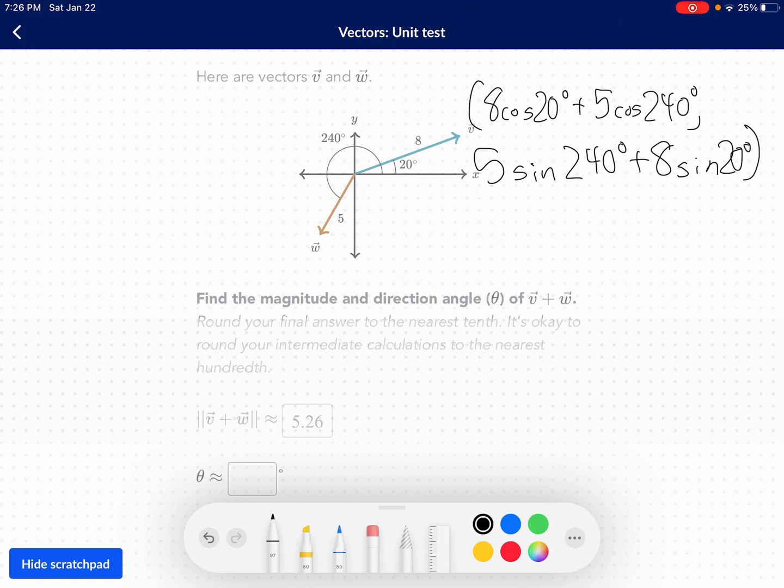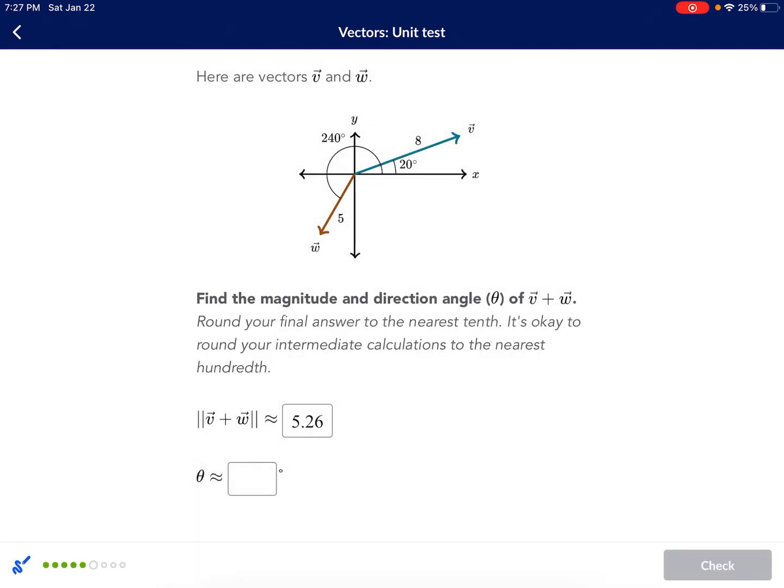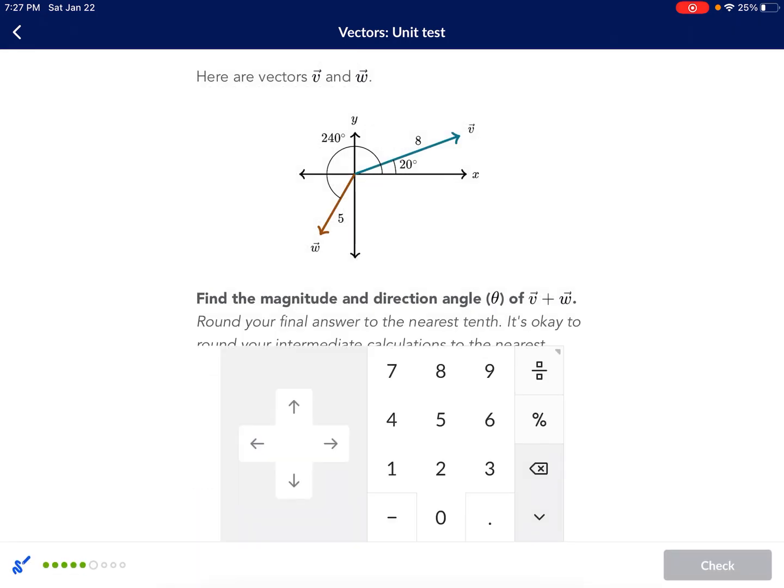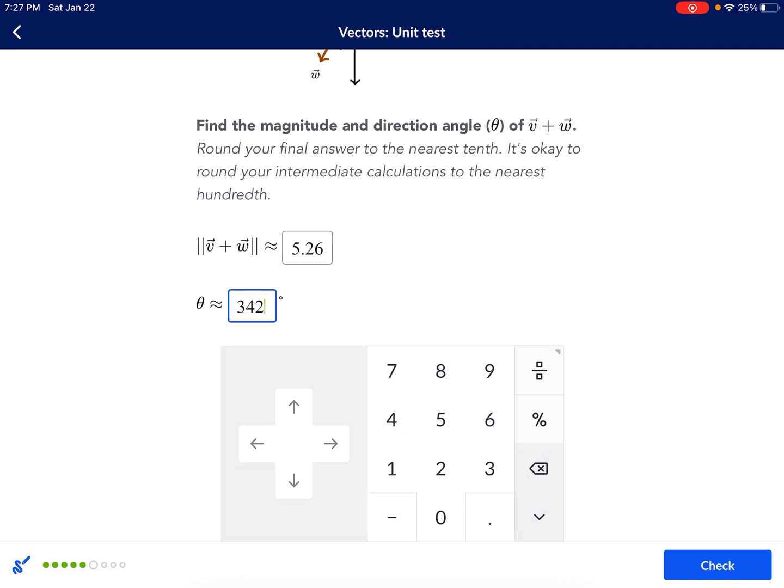And you get approximately negative 17.62, but it has to be between 0 and 360, and since the x coordinate is positive and the y coordinate is negative, it's in the fourth quadrant. So you simply add 360 and you get 342.38, rounding to the nearest hundredth.